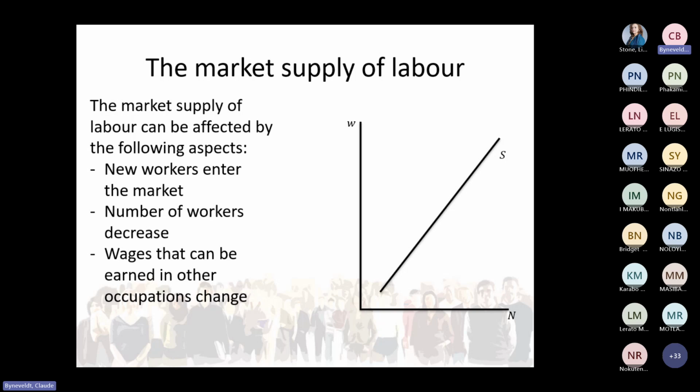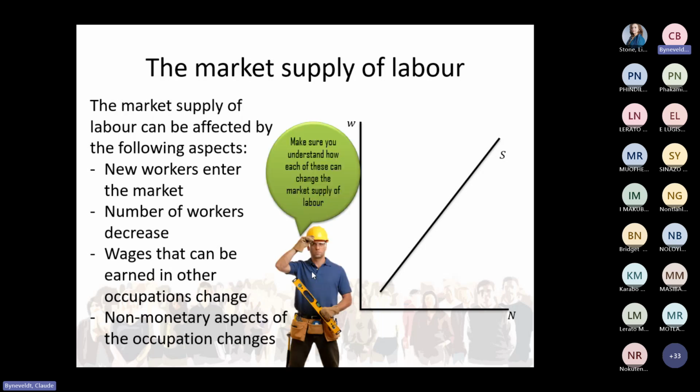And wages that can be earned in other occupations can change things. It means that workers can move from one occupation to another where the wage rate is higher and the benefits are much better. The non-monetary aspects are better, meaning there are housing benefits, housing subsidies, medical benefits, transport, et cetera.